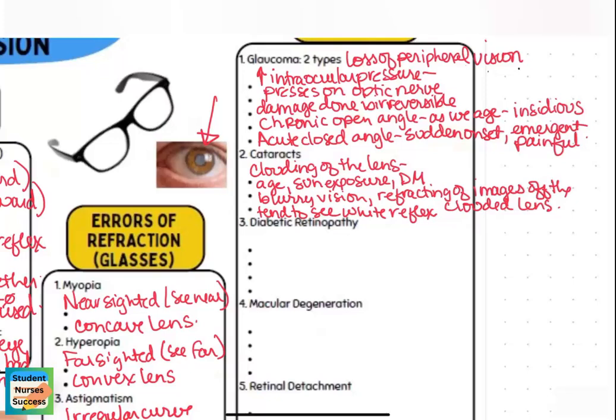Our next is diabetic retinopathy, and this is common in diabetics as they age or in diabetics with poor blood sugar control. So what happens is as our blood sugar is higher, it leads to the tiny vessels in the retina leaking and bleeding.